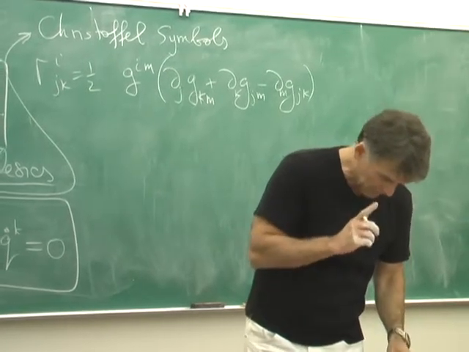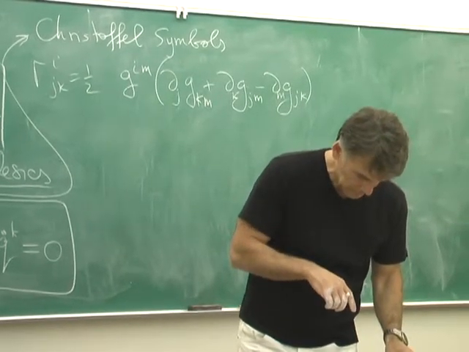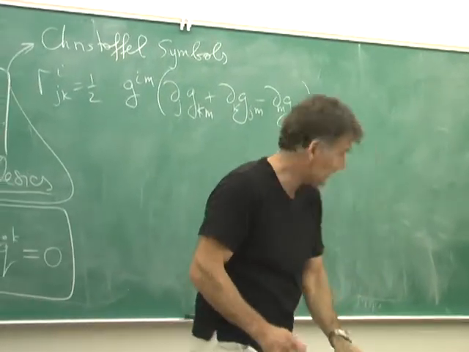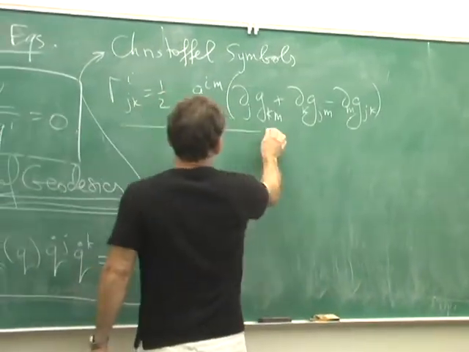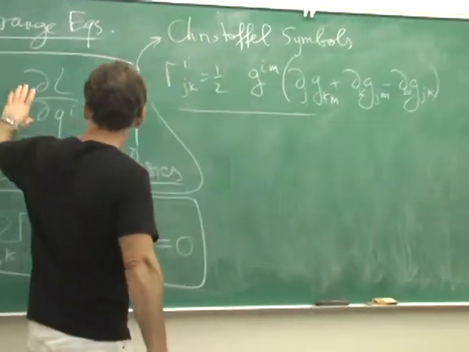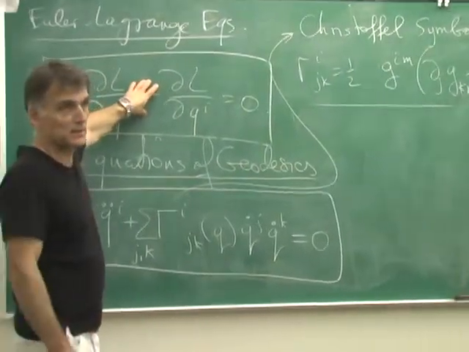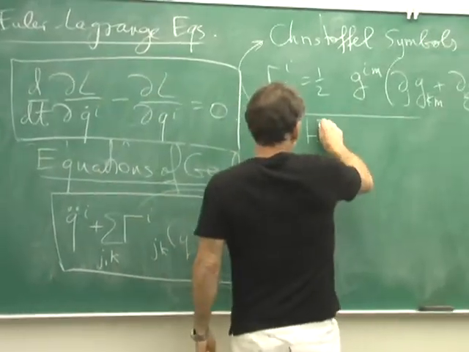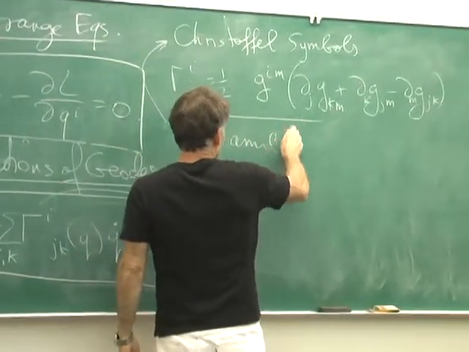Now I want to turn it to another form. This is the Lagrangian equation, the Lagrangian formalism. There is another formalism that is called Hamiltonian.